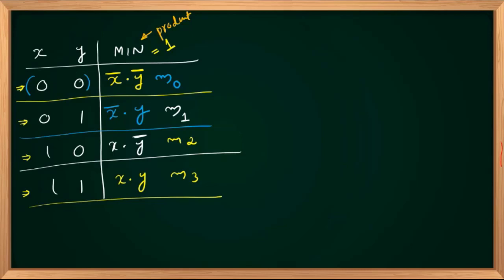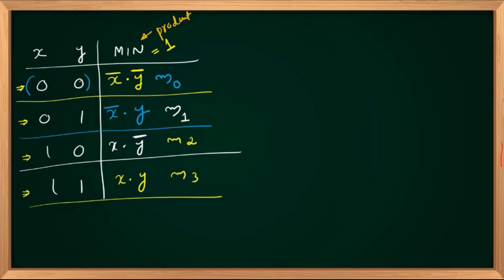Similar to that, maximum possible number of min terms are also 4. M0, M1, M2, M3, 4 min terms, right? So if you're having two variables, 2 power 2, 4 combinations, 4 min terms. Similarly, if you're having 3 variables, 2 power 3, 8 combinations, 8 possible min terms, maximum numbers.